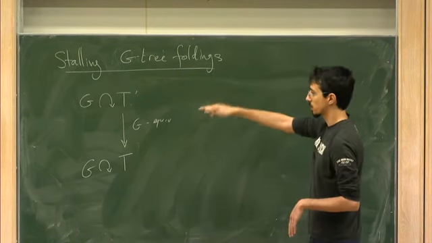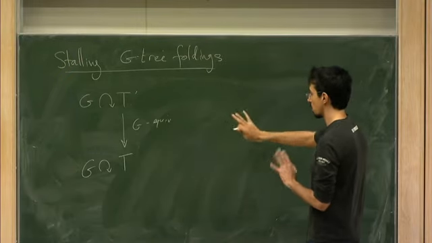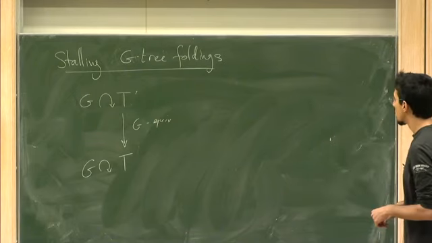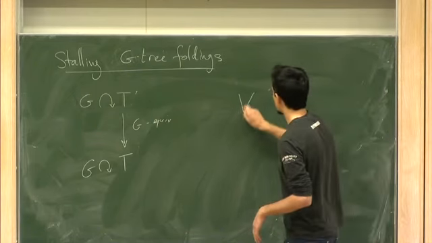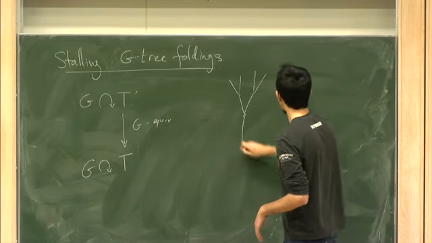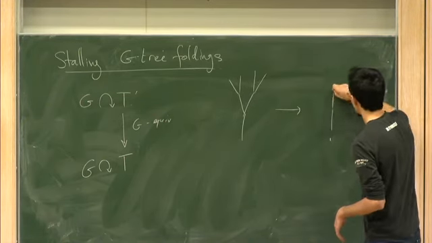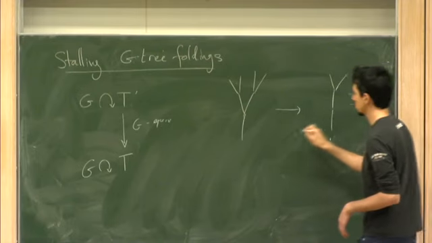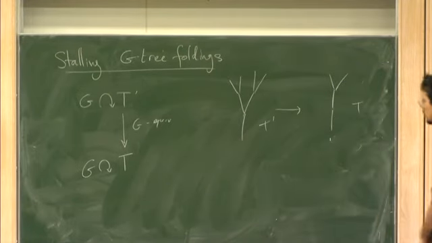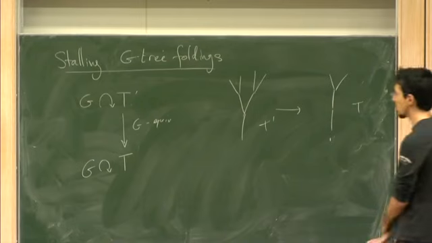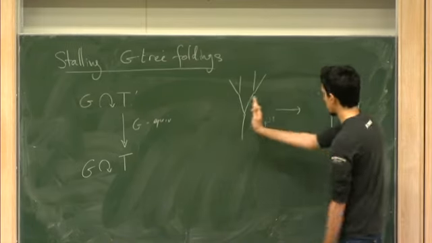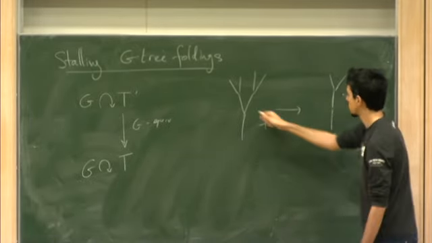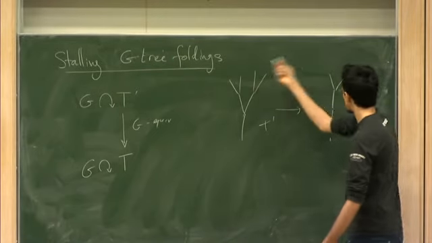Now let's do it in the universal cover and not on the quotient, though you can describe everything on the quotient, folding graphs of groups. So here you have the tree T prime, and it's mapped somehow to this tree T. Okay, so what we can do here is, so the map is, as you imagine it to be. So this is sent to this, those two edges are sent to this edge, and something.